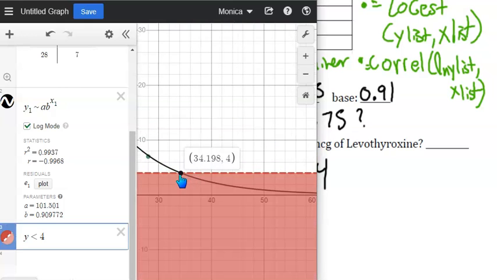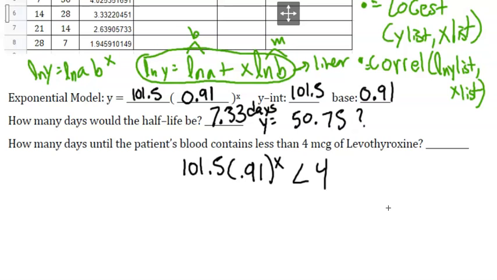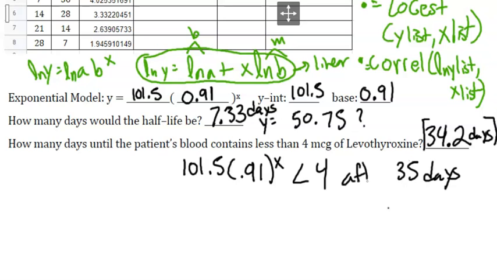Let's find the first day that would be. 34.198. So it'd be after 34.2 days, and we could round that up to 35 days. So after 35 days.